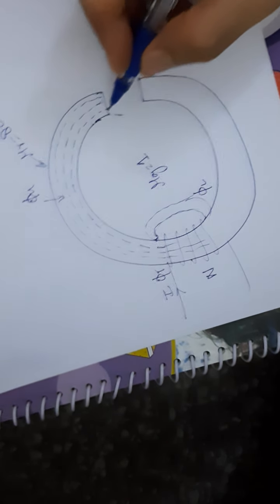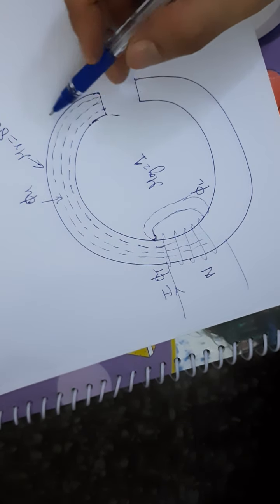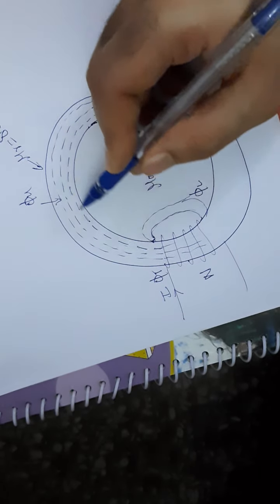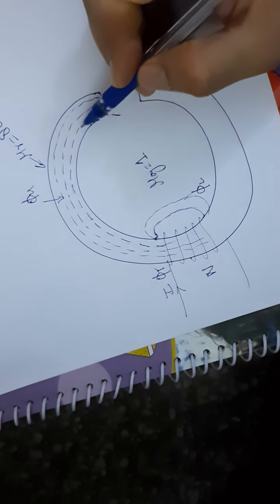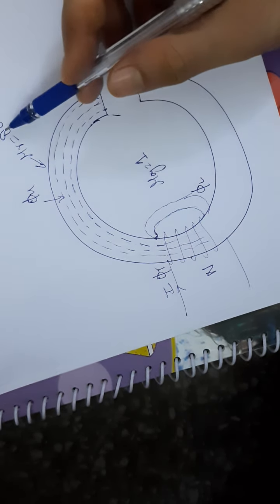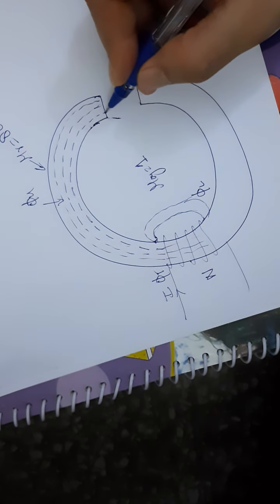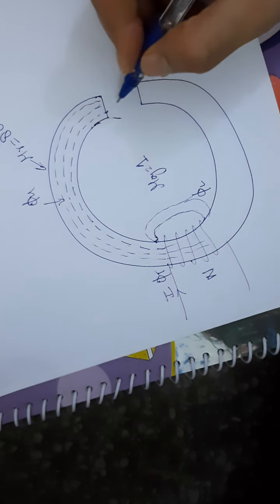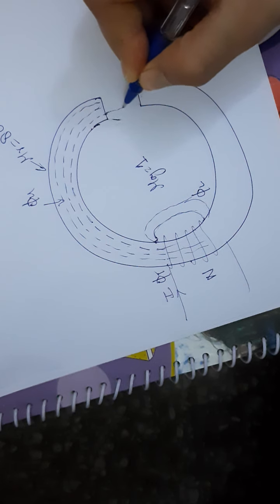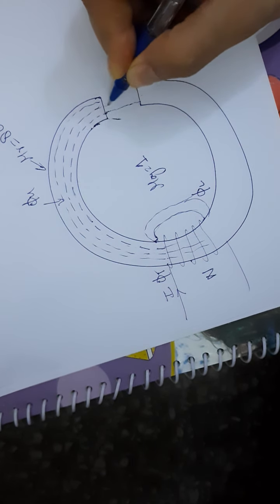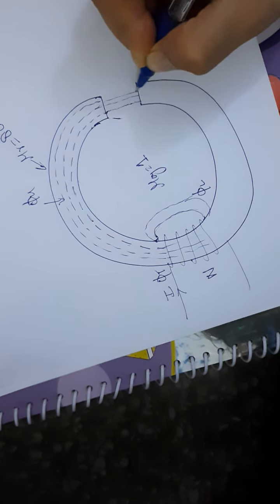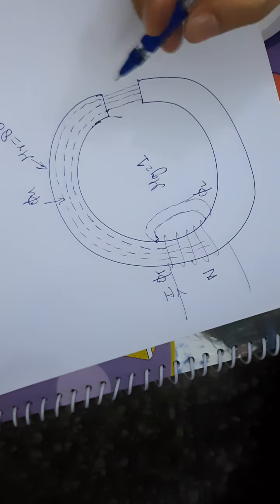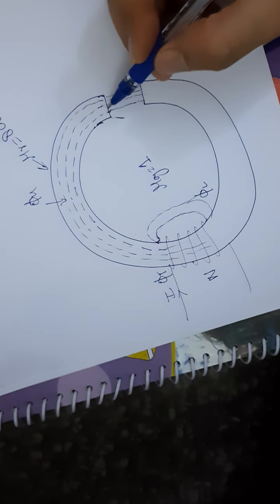What happens? The flow of the flux here will be very fast, because it has very low permeability. However, when this flux reaches here, what will happen to this flux? What will happen here at this point?